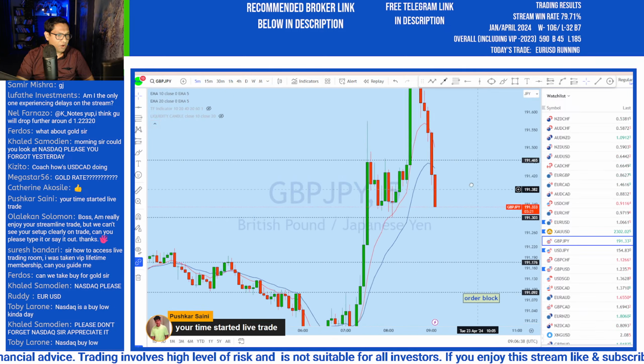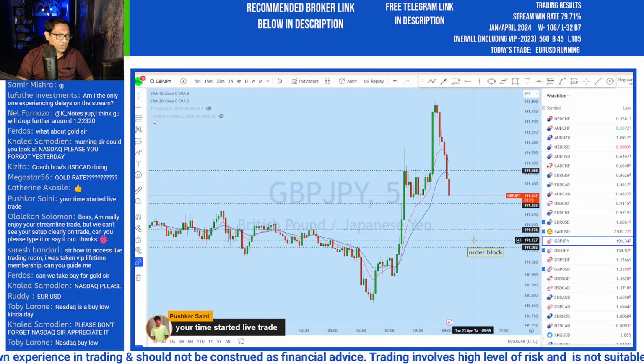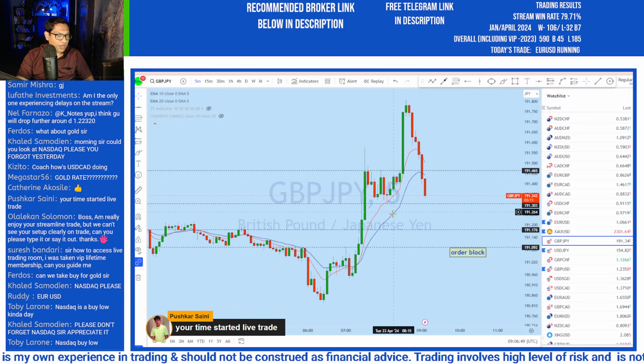Because it's a complete breakdown, we can expect a reversal formation here for any movement back to the upside after the break of the support. So you might see below 191.30.